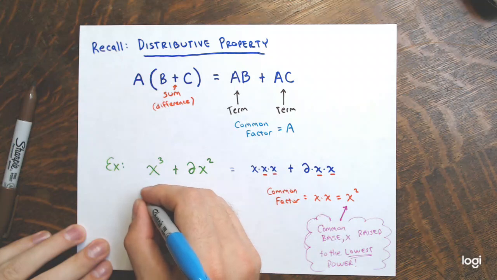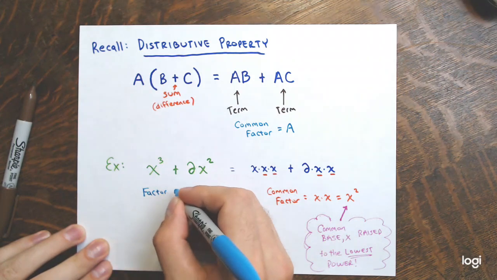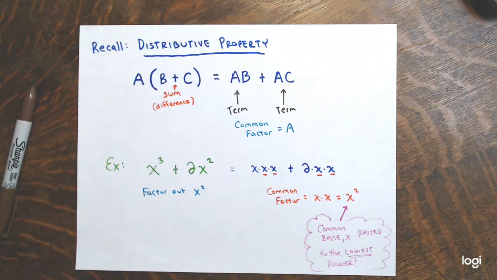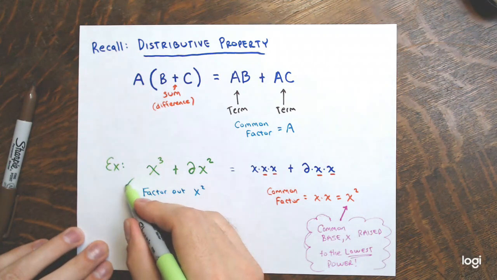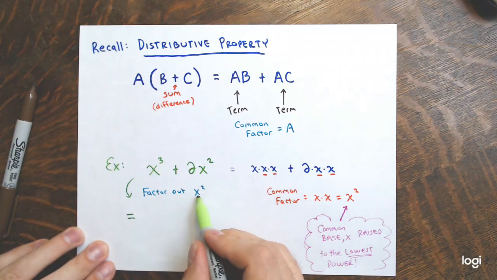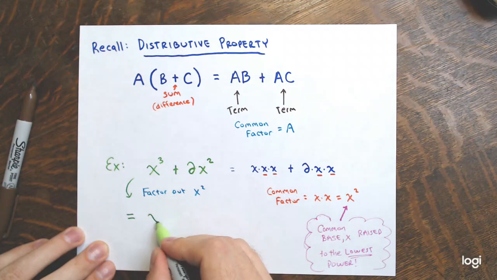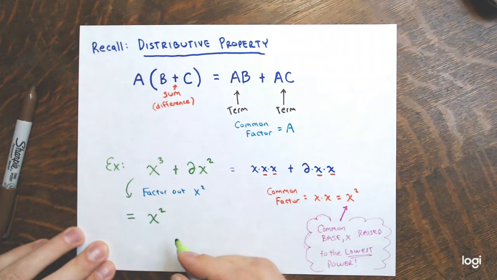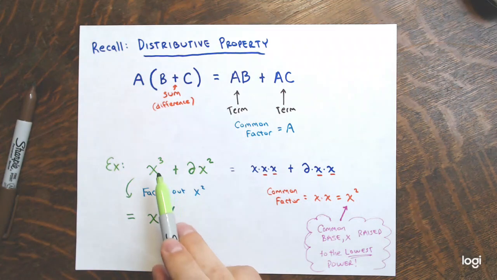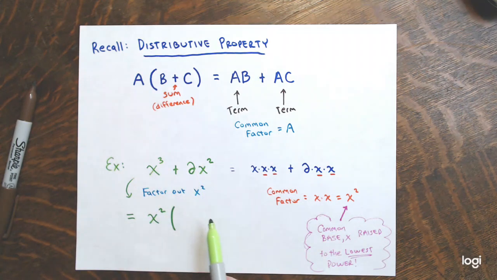So we factor out x squared, and this will leave me with this equivalent expression here. So this expression, x cubed plus 2x squared, will be equivalent to this x squared coming outside as its own factor, times, and then there are going to be two terms in parentheses, so that imagine I were redistributing the x squared.